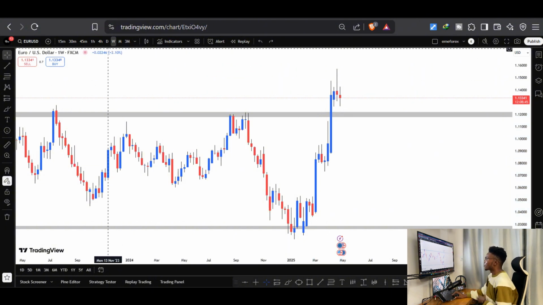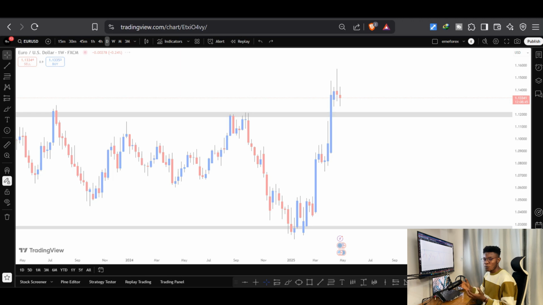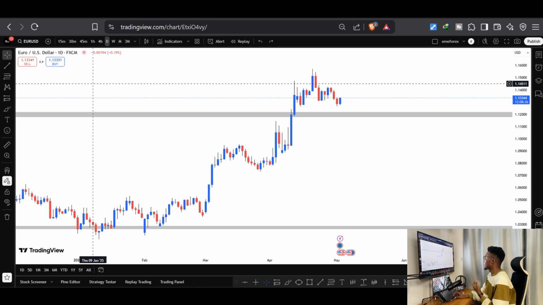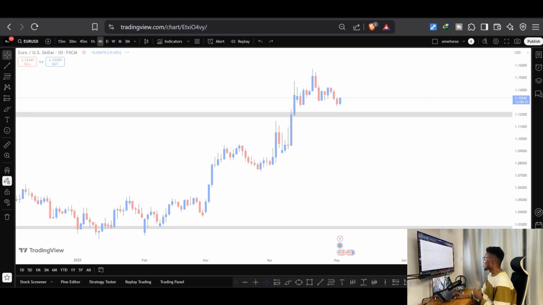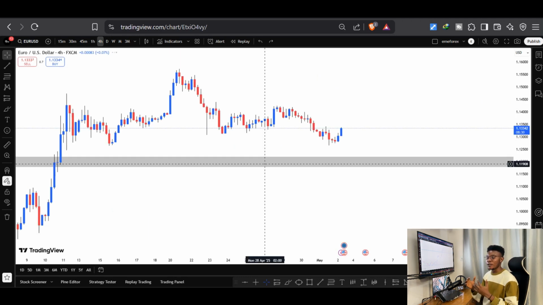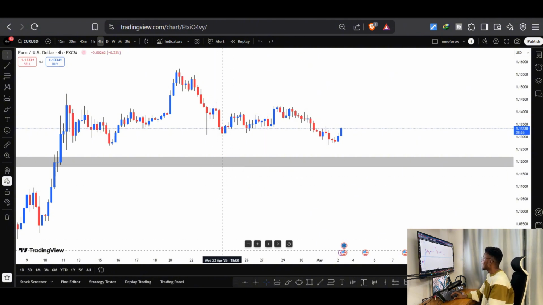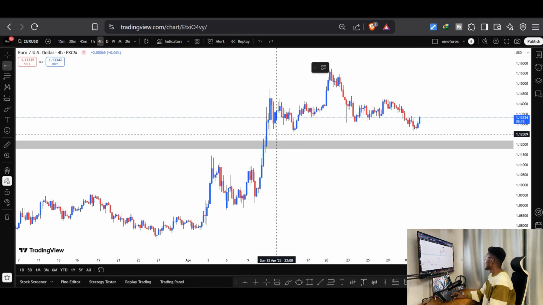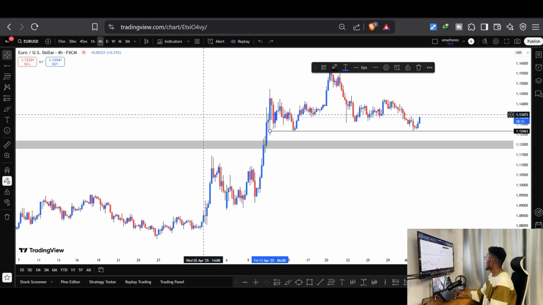What I want to do next is go down to the lower time frames, and look at regions where we could be expecting a bounce. Why? Because I've seen the higher time frame momentum and direction, so I want to look for reasons why the lower time frame is going to fall in line with the higher time frame. When we look at the high time frame, this has been the region where price bounced off.